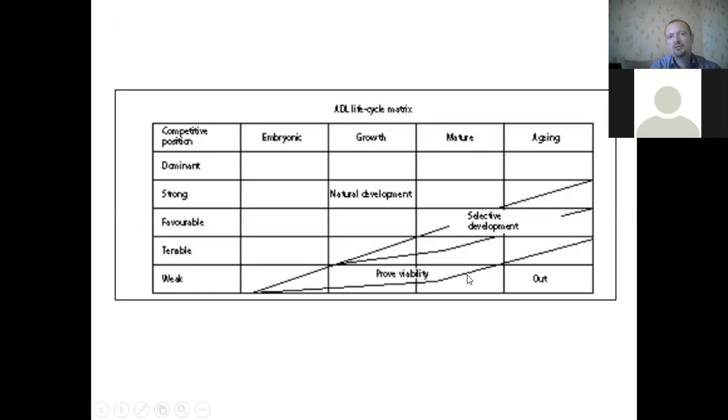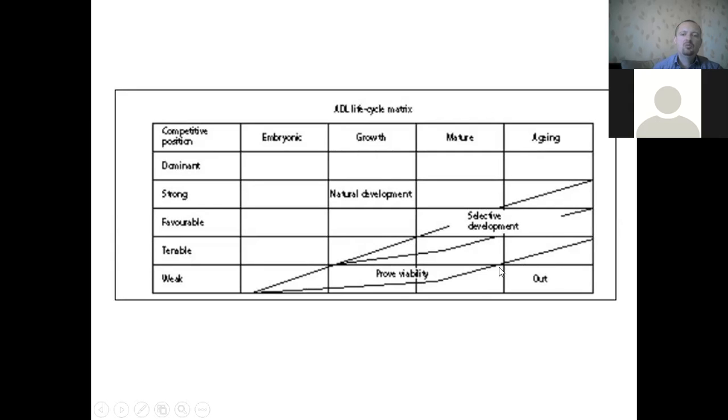This matrix also provides the zones, the areas. If we are in the upper corner, we have to develop our strategical business units. If we are in this zone, sphere 2, we have to evaluate.